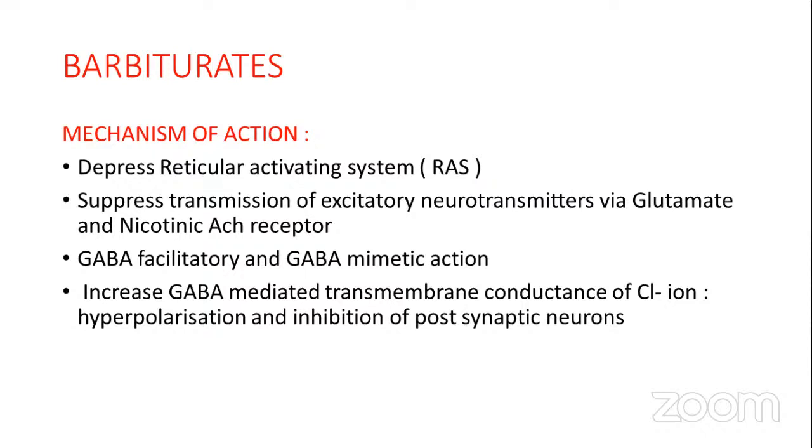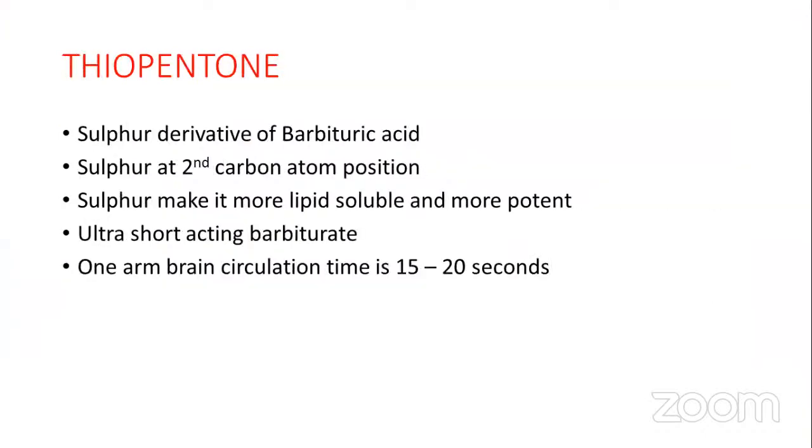It suppresses transmission of excitatory neurotransmitters like glutamate via glutamate and nicotinic acetylcholine receptors, and also depresses the reticular activating system. It contains a sulfur atom at the second carbon atom, which makes it more lipid soluble and more potent. It is an ultra short acting barbiturate, and its one arm-brain circulation time is 15 to 20 seconds.